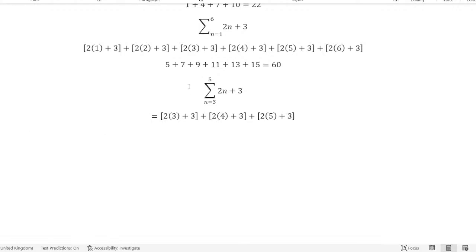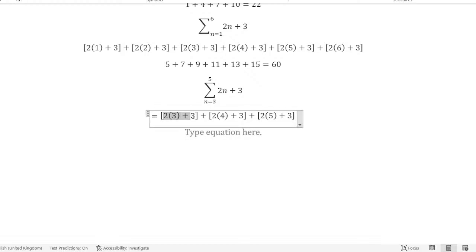Even this one we're gonna do by inspection because there's not much. 2 times 3 is 6. 6 plus 3 is 9. Then the next term is 2 times 4, that is 8. 8 plus 3, 11.